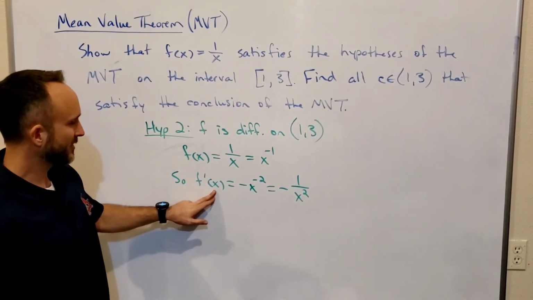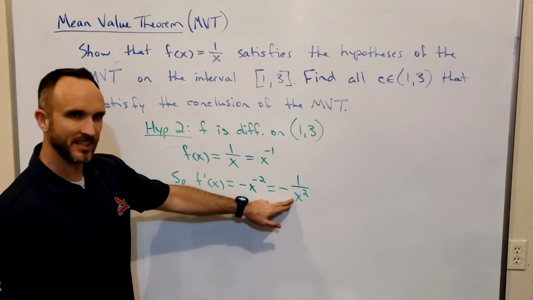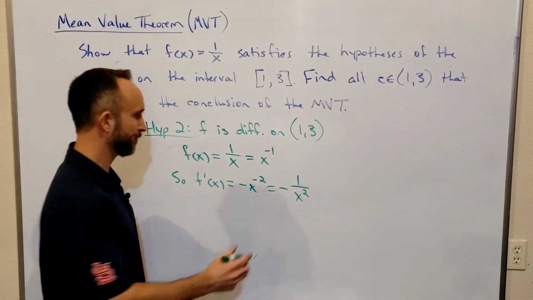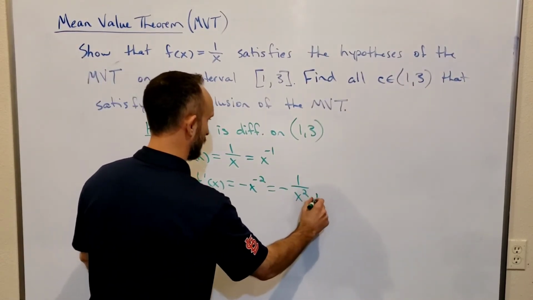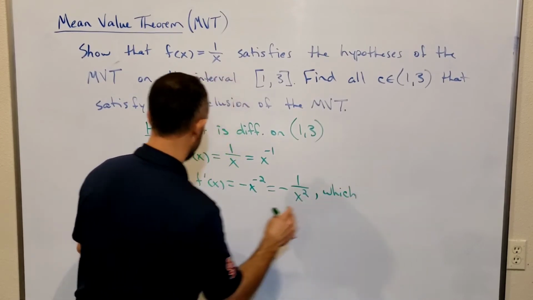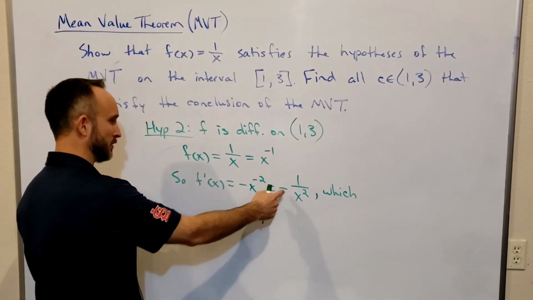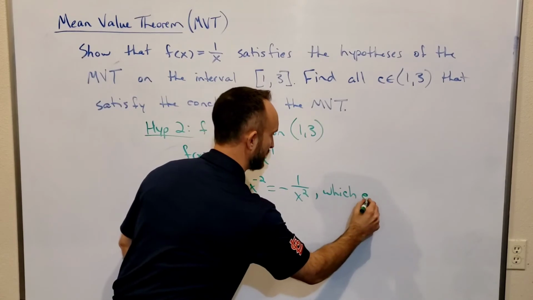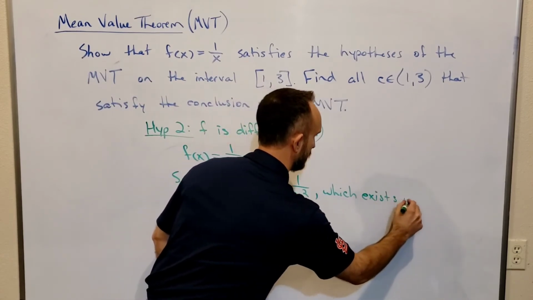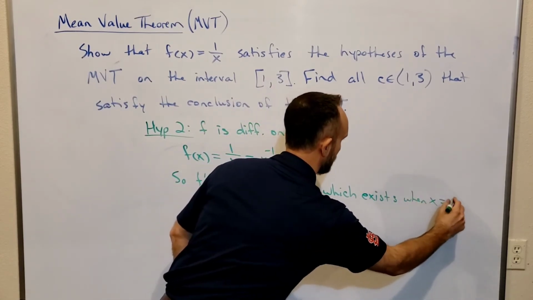f prime of x exists as long as x does not equal 0. So f prime of x equals negative 1 over x squared, which exists when x does not equal 0.